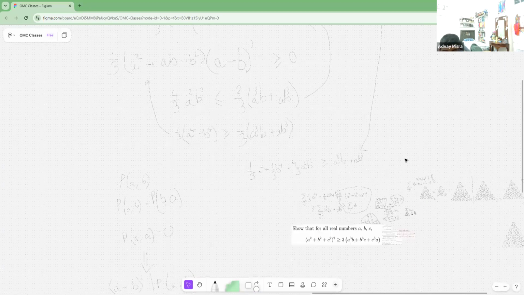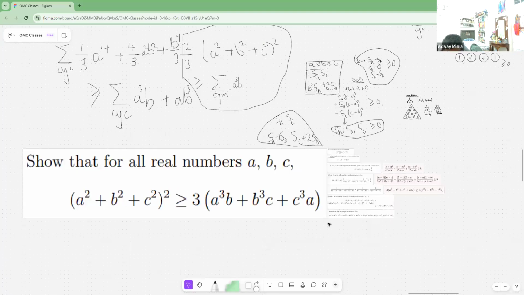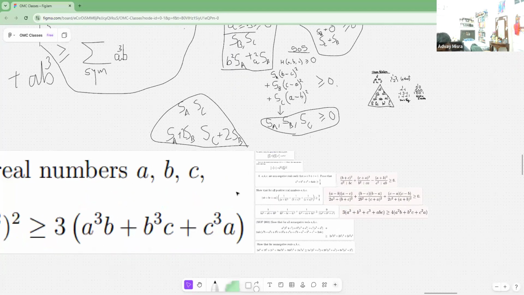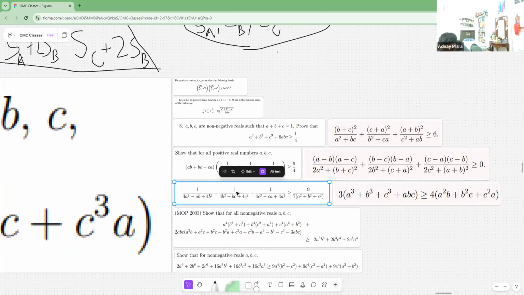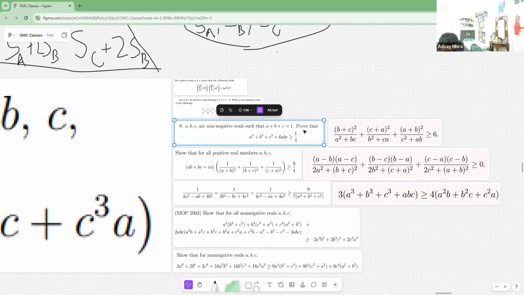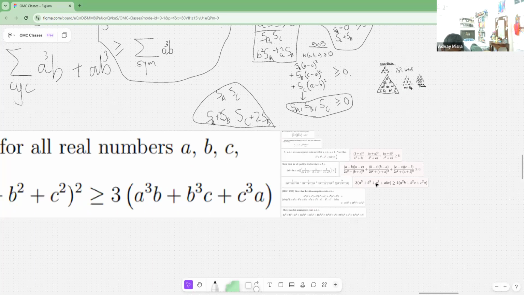So going back, originally I was going to do this as the next problem, but this is a long and not particularly insightful problem, so I'll go with this one instead. This one is pretty short.